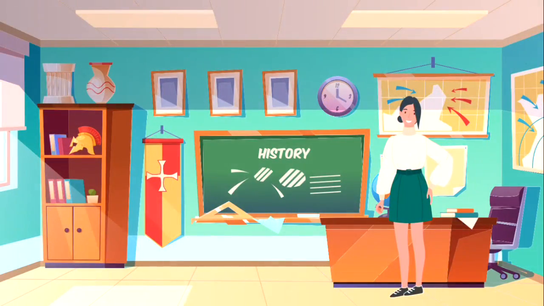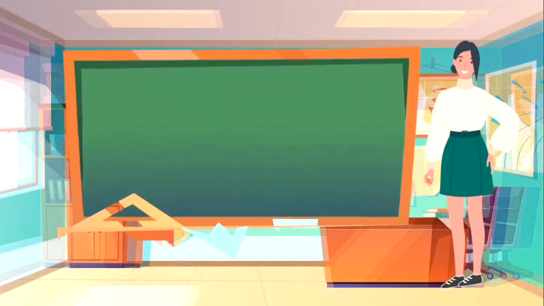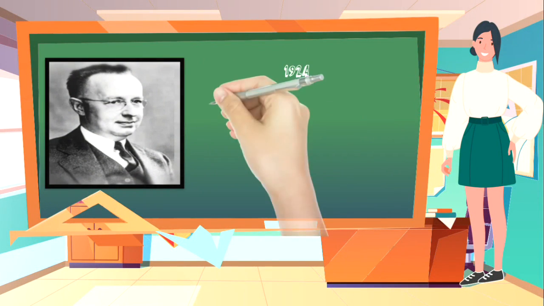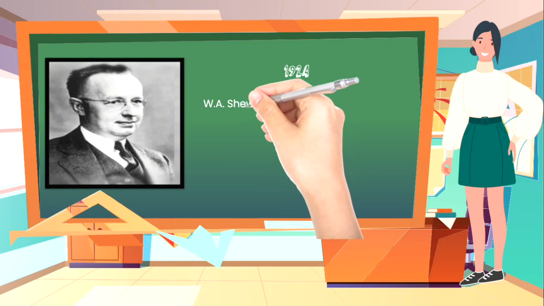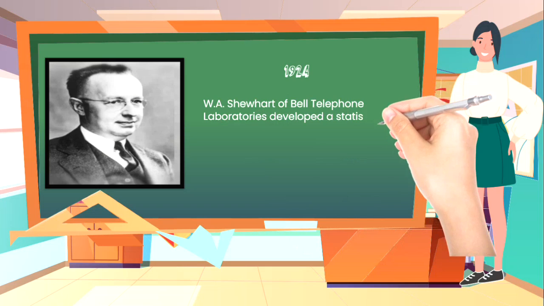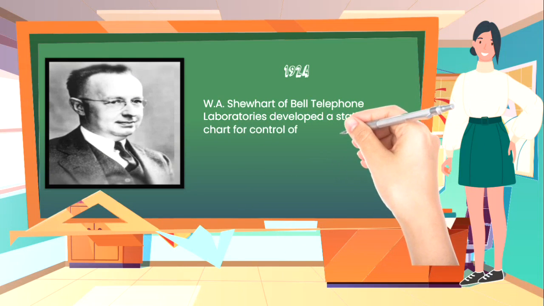The history of TQM. In 1924, Schwartz of Bell Telephone Laboratories developed a statistical chart for control of product variables.